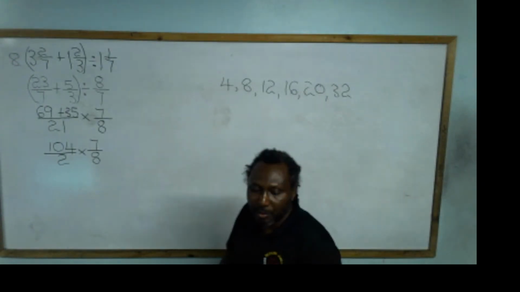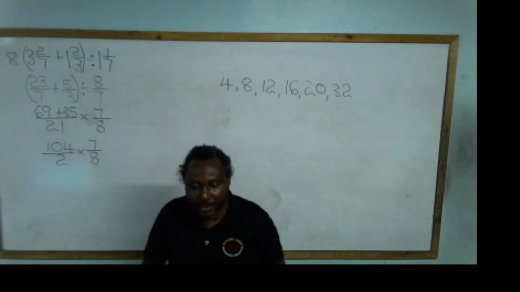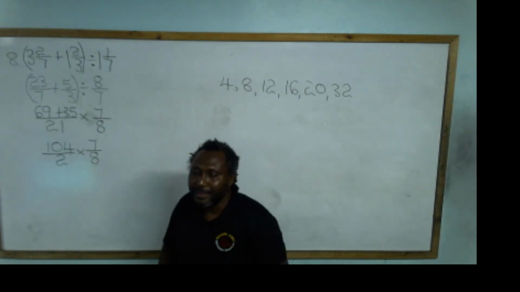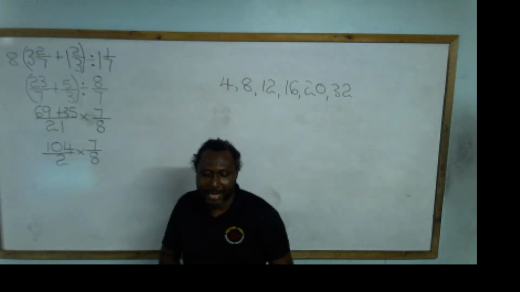All of those numbers are multiples of 4. 4 divides into them without a remainder. They are divisible by 4.